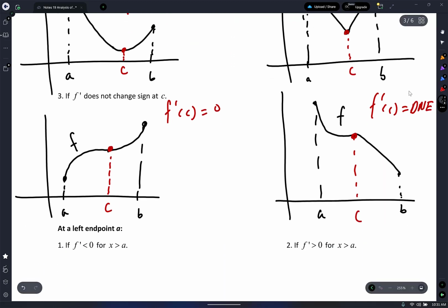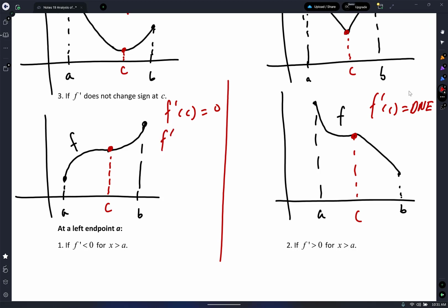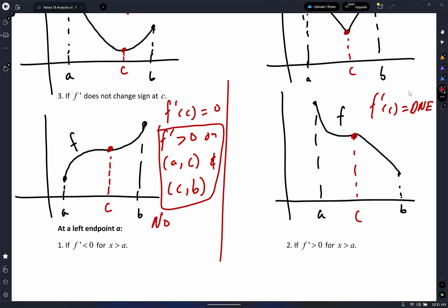Anything crazy so far, guys? Okay, I want you to notice the one on the left. Let's split down the middle. F prime is positive on A to C and on C to B. Do you guys notice that? So, is there a sign change? Nope. F prime does not have a sign change.